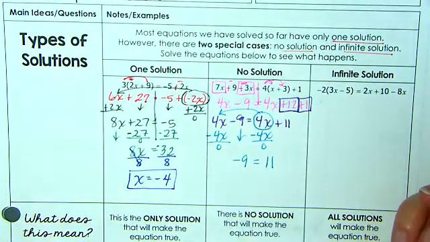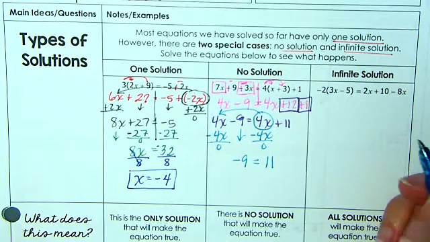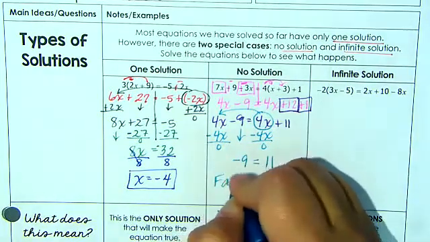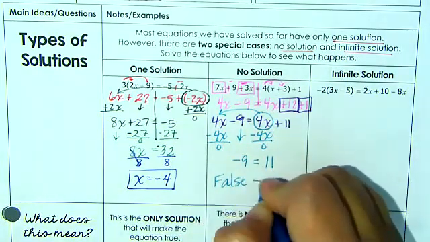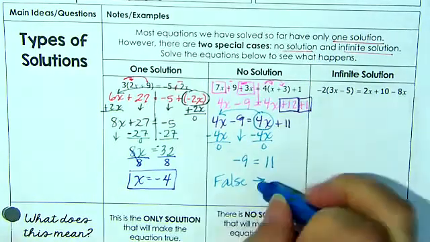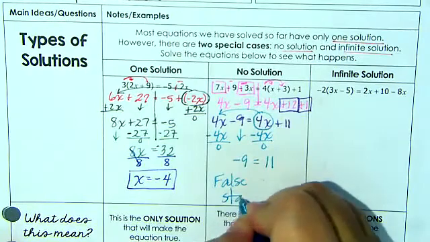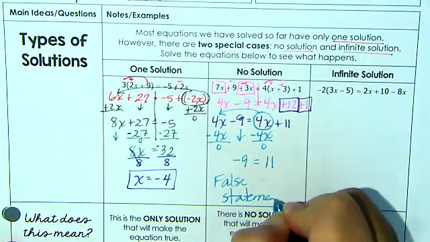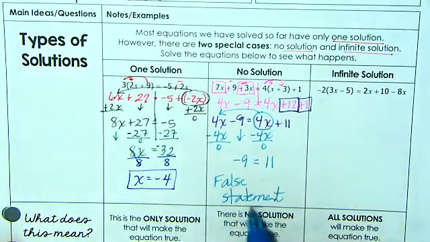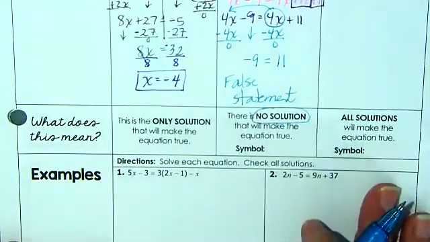This is a false statement. Negative 9 does not equal 11. I'm going to say the word statement here: false statement. So the answer is no solution.